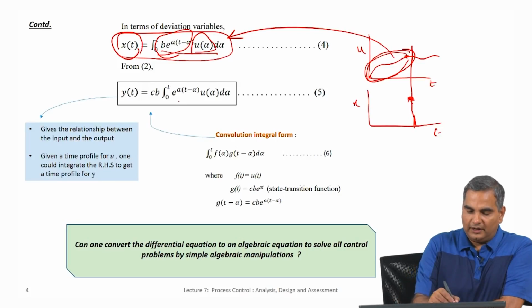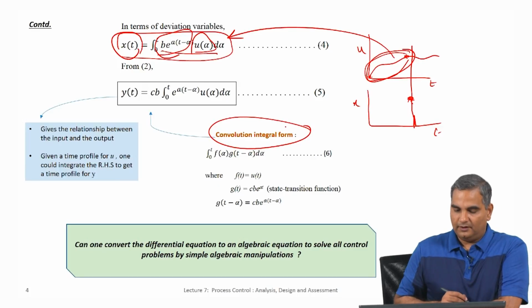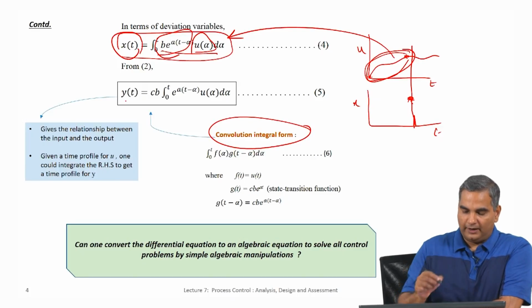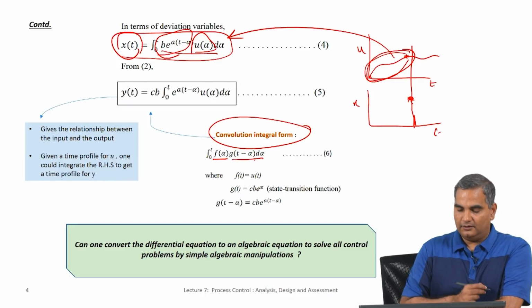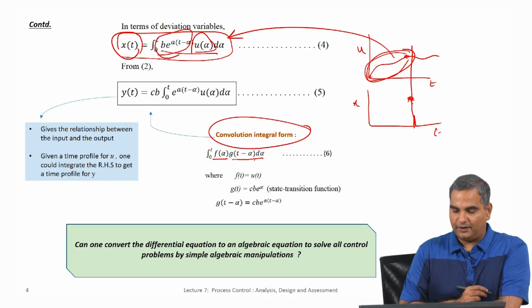Now, when you look at this, this is also called the convolution integral form, where the output y is a function of some weighting matrix and this g of t minus alpha.